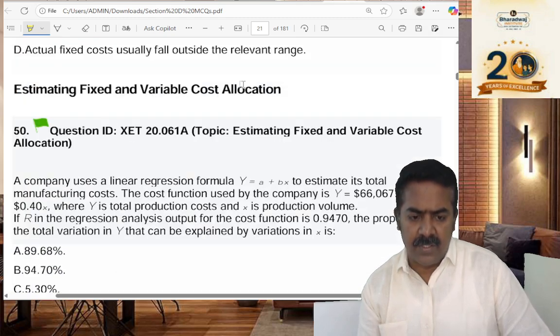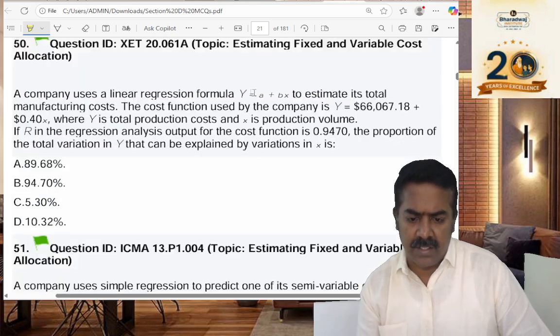Okay, estimating fixed cost and variable cost allocation. Look at this. 0.947.